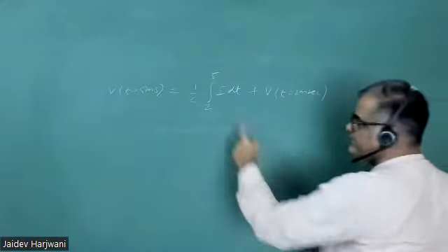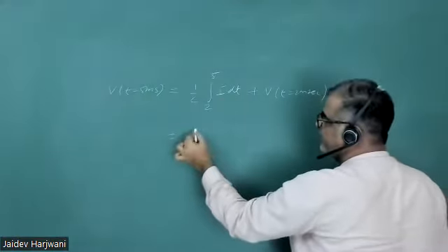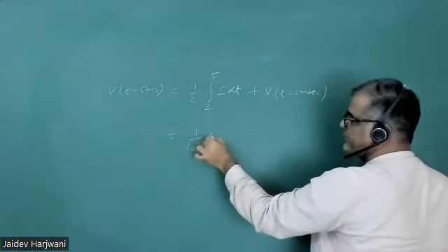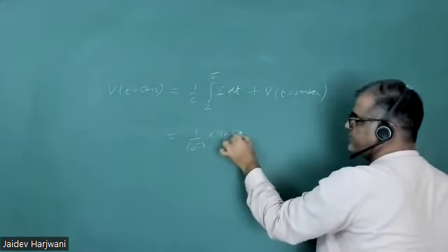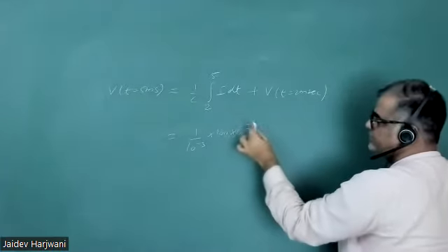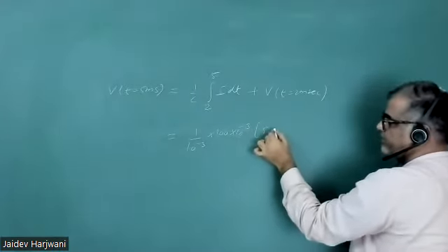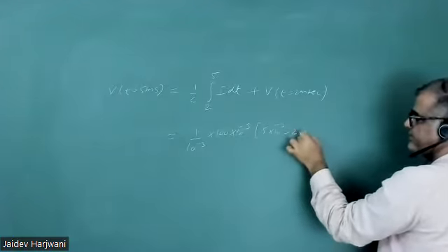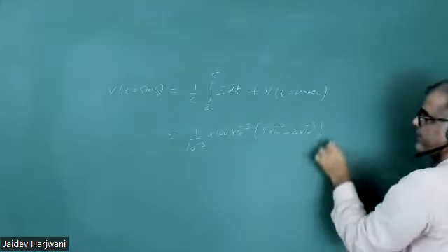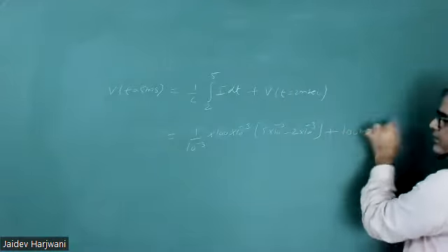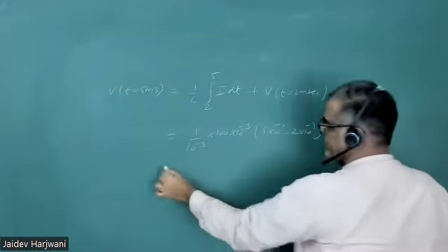Now this time for this interval current is given 100 milliampere. This is 10 to the power minus 3. I is constant, so you can bring it out, 10 to the power minus 3, and dt will be 5 minus 2 milliseconds. So 5 millisecond minus 2 millisecond, and plus here this voltage is 100 millivolt. So what will become now?